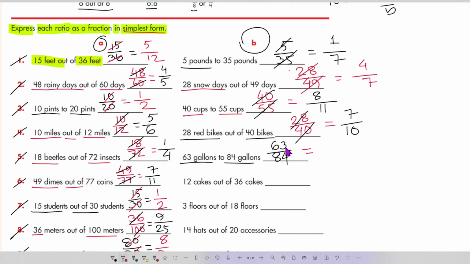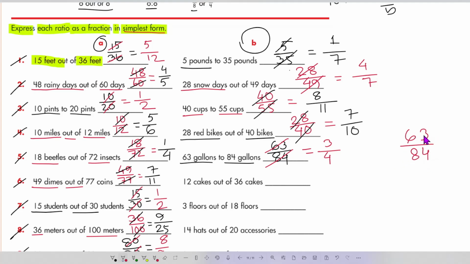This 63 we can divide by 21, right? 63 by 21 is 3, and this 84 we can also divide by 21, so here is 4. Let's simplify it another way.